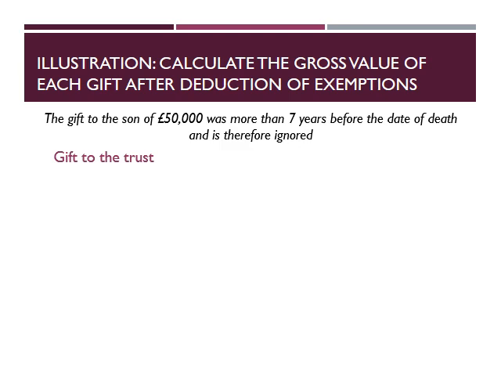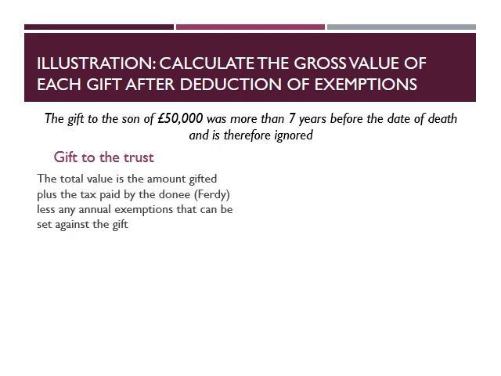We'll calculate the gross value of this gift, and this is going to be calculated as the amount gifted of 500,000 plus any tax that was paid by the donor, by Ferdy. And we have to take this into account because as a result of that gift there was a reduction in the wealth of Ferdy, of both the gift and the tax that he paid on that gift.